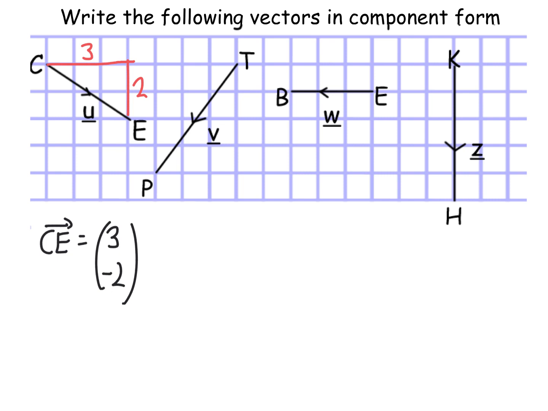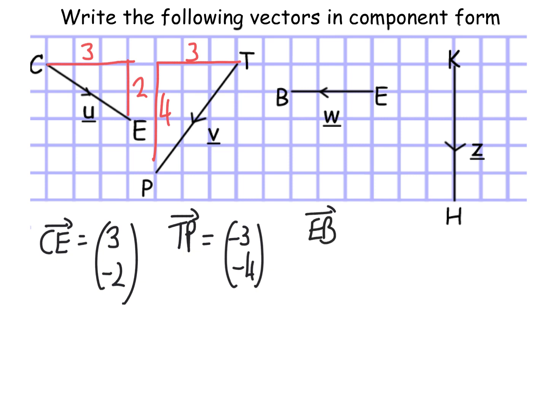Alright, the next vector we're going from T to P following the arrow. So this would be written as TP. Remember we do our along number first. So we'd be going back 3 and then we'd be going down 4. So in component form that would be (-3, -4). Okay, the next one is going from E to B, because that's the way the arrow is going.